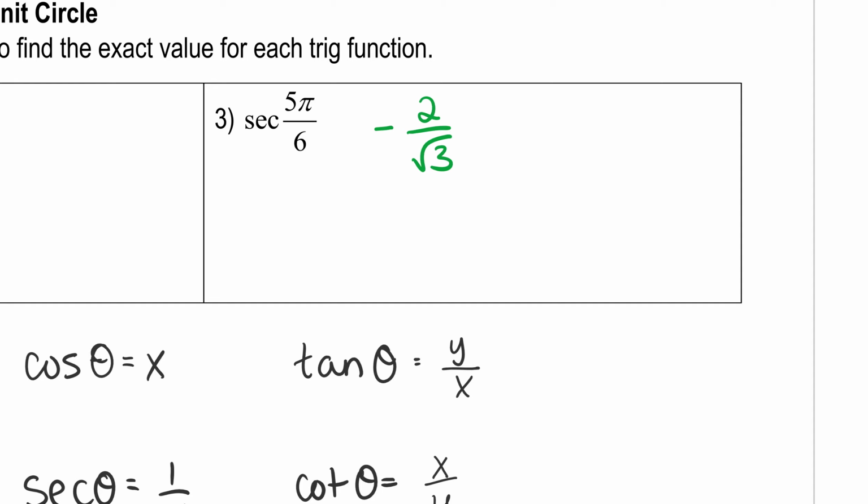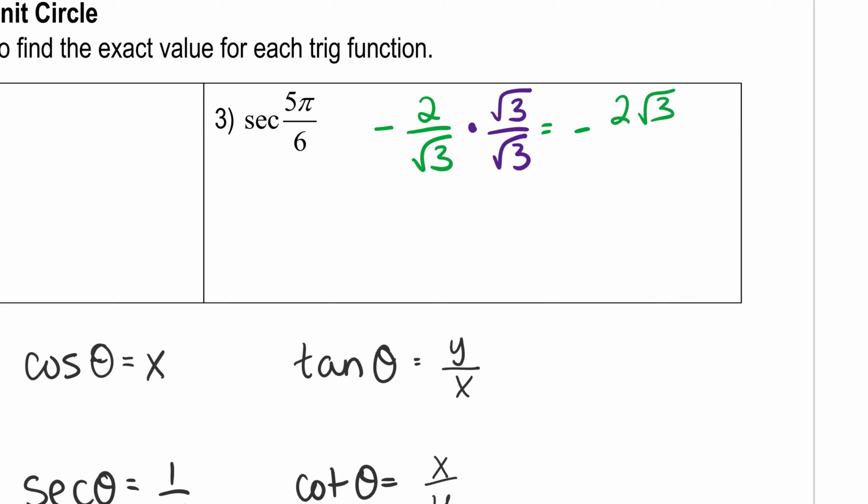So if you flip your fraction or flip a number and you have a square root in the bottom, all you do is simply multiply by square root of 3 over square root of 3. Or if it's a square root of 2 or square root of 5 or whatever the square root is, you just multiply top and bottom. Why would we do that? This would give me on top 2 times square root of 3 is 2 square root of 3.